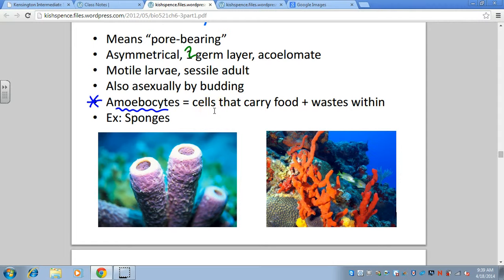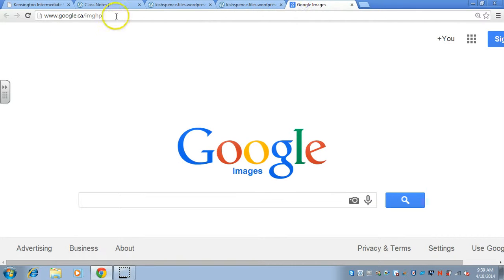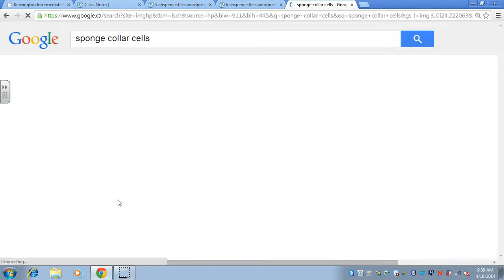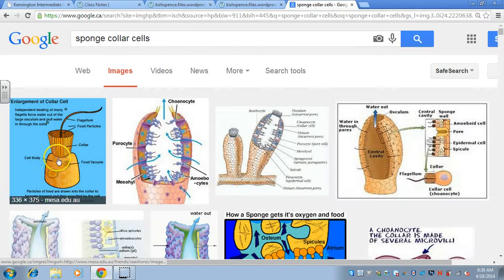They have collar cells. You can look at a book, or let me bring one up right quick. Okay, so these are collar cells. Here's one blown up. This is like the picture that's in your book.